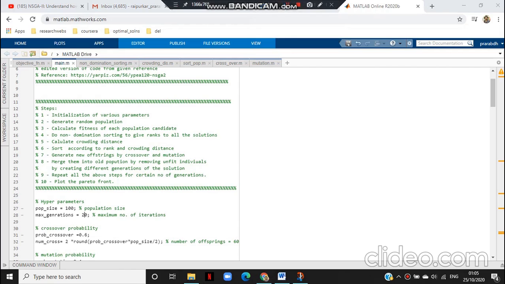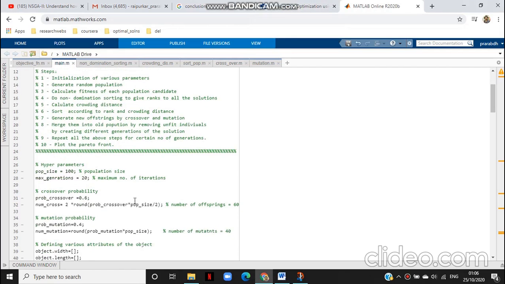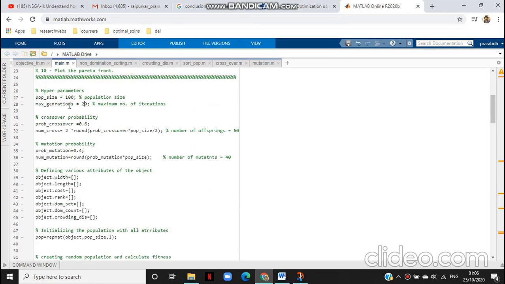So here we are initializing some hyperparameters like population size, the maximum number of generations, that is the maximum number of iterations we will be looping through, and the crossover probability. For a 100 population size, the number of crossover offsprings will be 60.